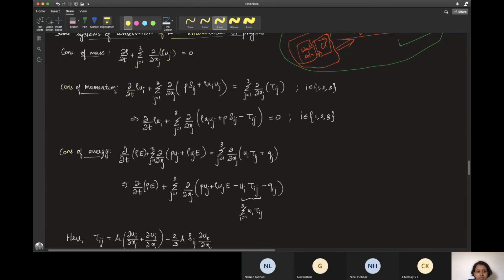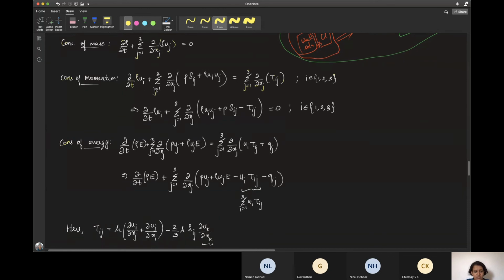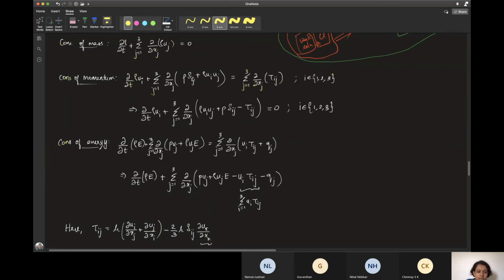In this equation, you have an index i, which is the free index, that is, i belongs to 1, 2, 3. This equation can be split up and written as 3 separate equations for different values of i, that is 1, 2 and 3. So here rho ui is the conserved variable, and this whole thing is the flux variable in x1, x2 and x3 directions.